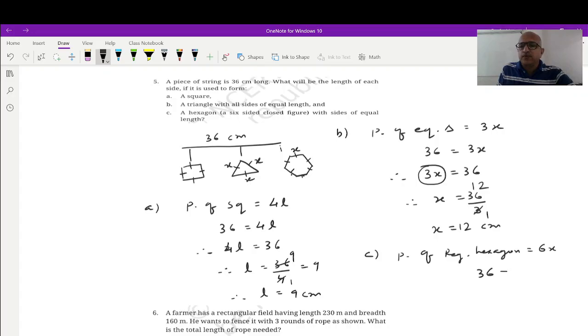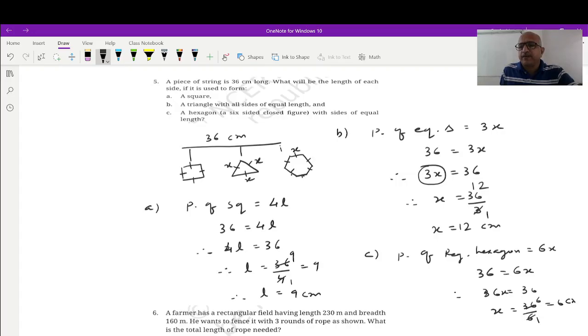So 36 is equal to 6x. Again variable is to the right hand side, so we'll transpose whole. So 6x is equal to 36. So x is equal to 36 upon 6. 6 6s are 36. So that means the length of each side of the hexagon will be 6 centimeter.